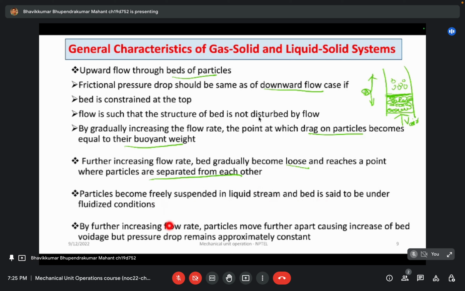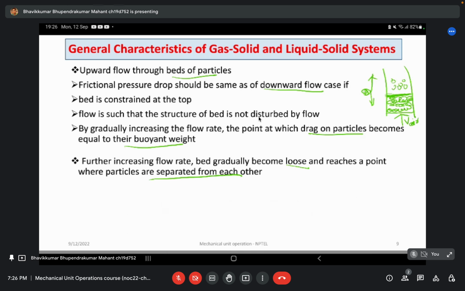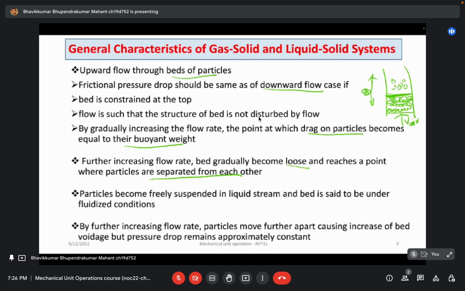By further increasing the flow rate, particles move further apart, causing an increase of bed voidage, but the pressure drop remains approximately constant. After fluidization starts, your bed has this condition: fluidization is occurring and some of the bed is still in the static condition.